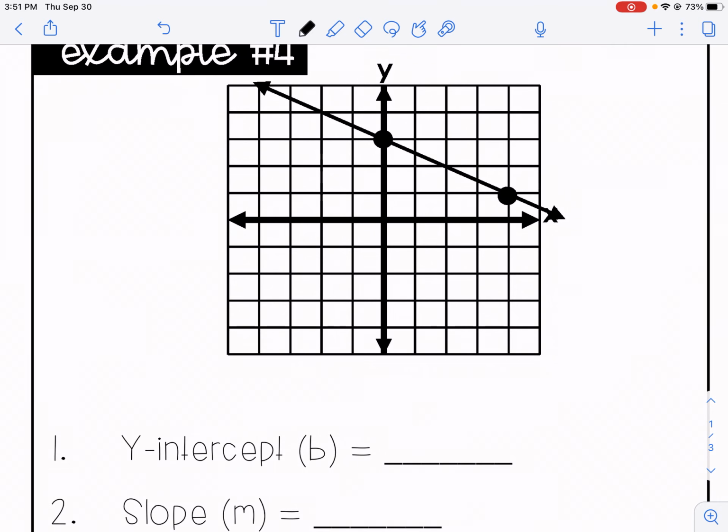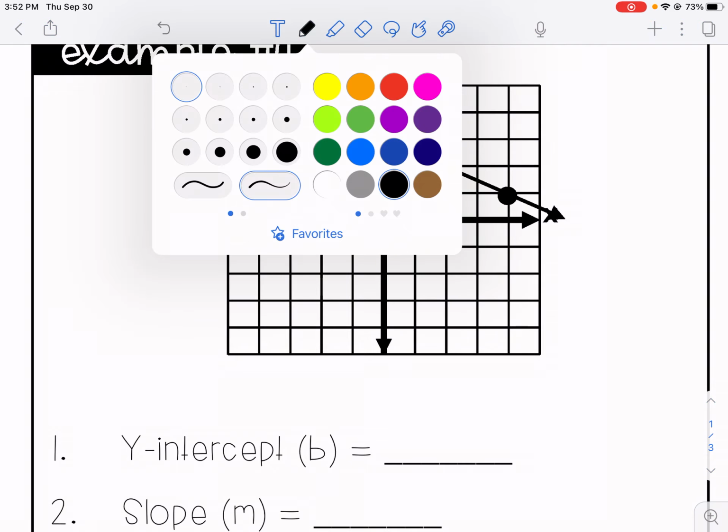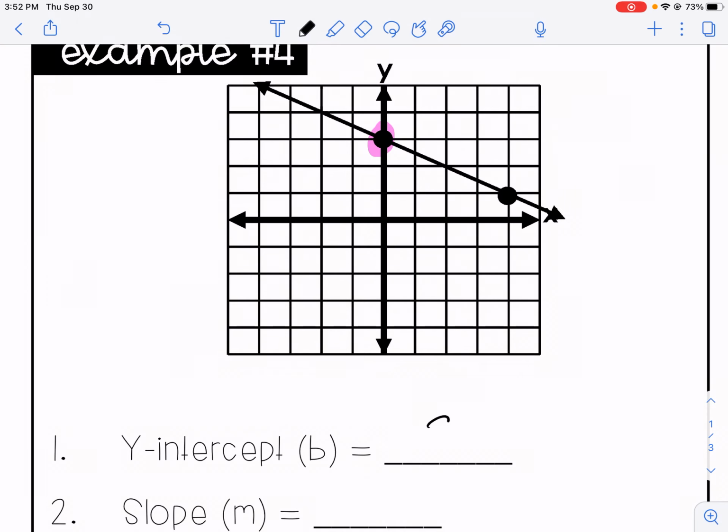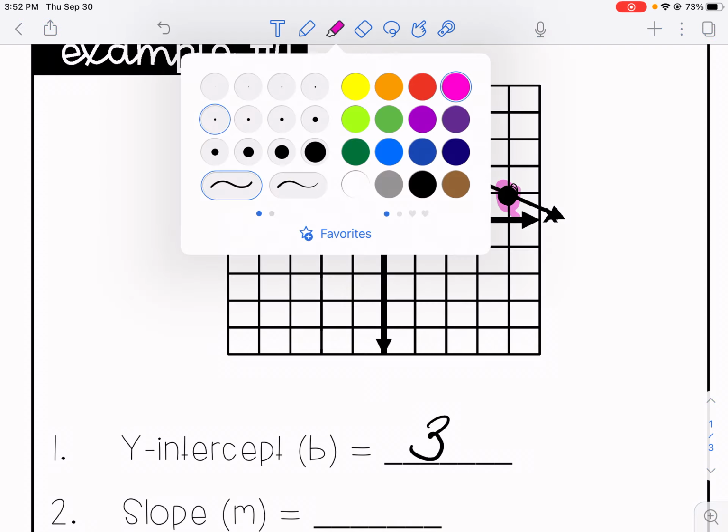Well, let's look at our y-intercept. This guy right here. From the origin, it's up 1, 2, 3, so the y-intercept is 3. And then we have to do rise over run, which, to get to this point over here, we're gonna have to go down, okay?